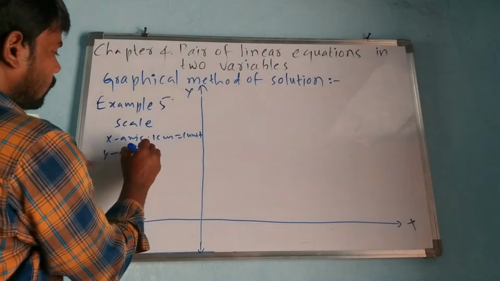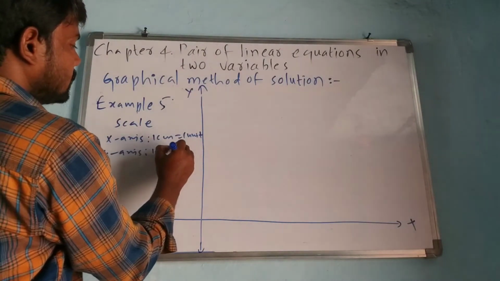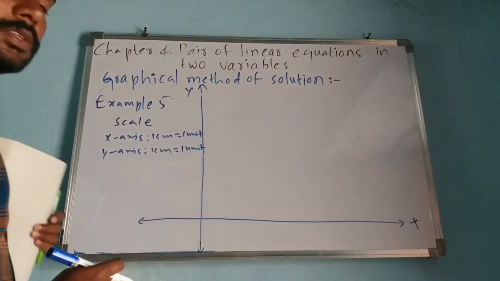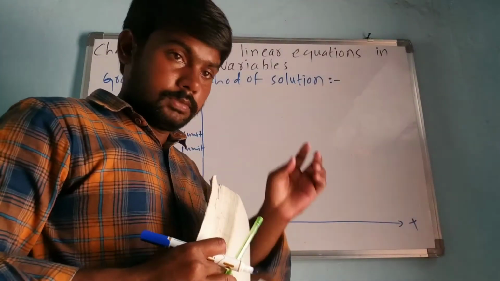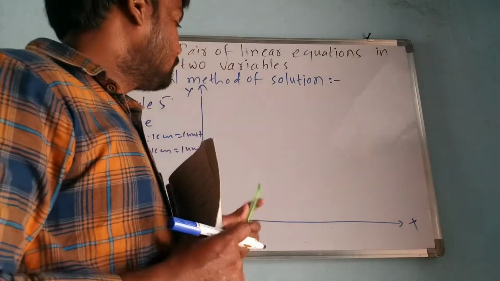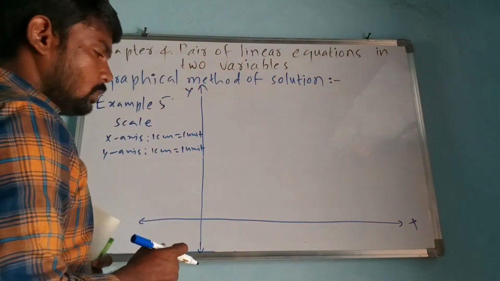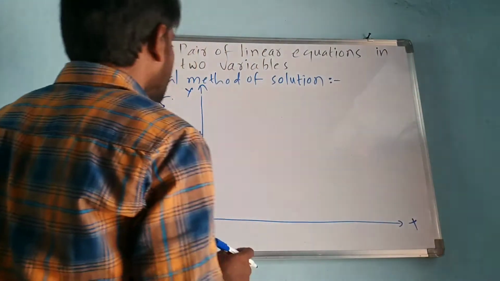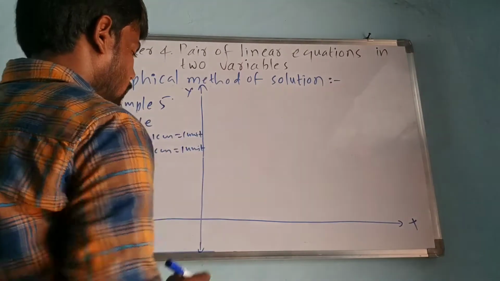Y-axis 1 centimeter is 1 unit. Same, 1 centimeter is 1 unit. So now taking the measures of length on the x-axis and taking the measures of breadth on the y-axis.